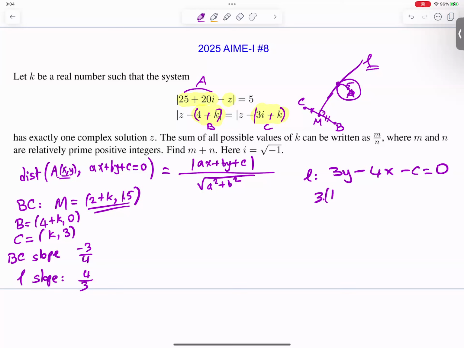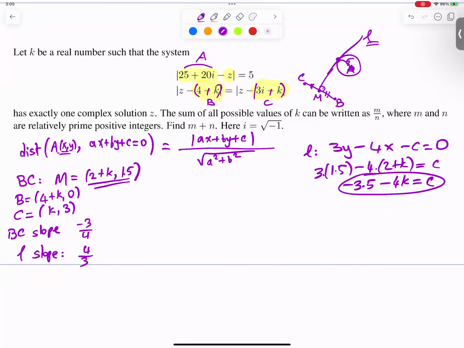So 3 times 1.5 minus 4 times (2 plus k) is this constant c, and we get negative 3.5 minus 4k as our constant in terms of k. Right, so we are pretty much done with the line.